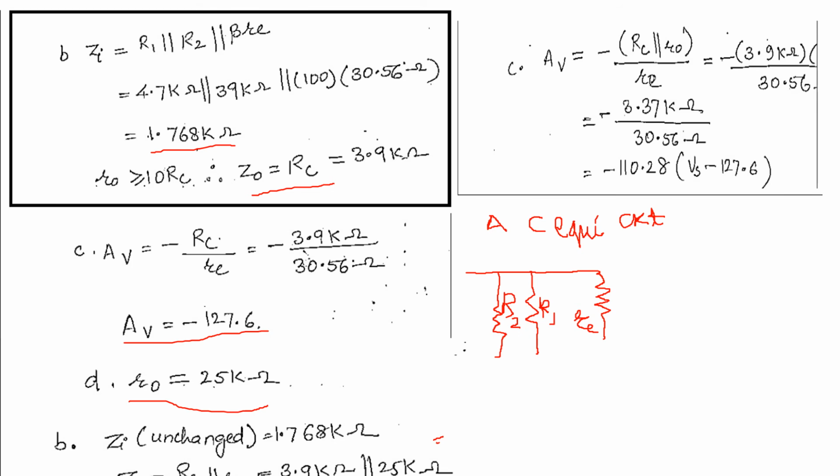Now we had a capacitor over here, so that is shorted. So this is your input side, base to emitter. Now this is your base terminal.